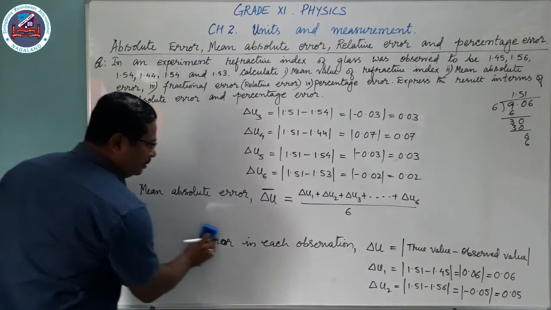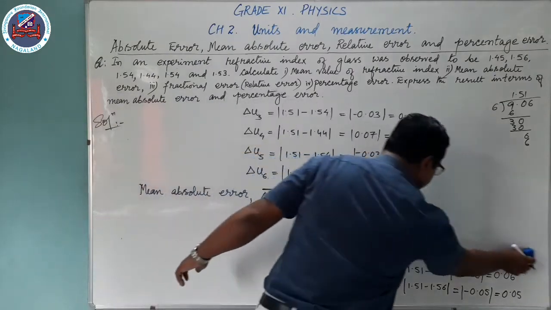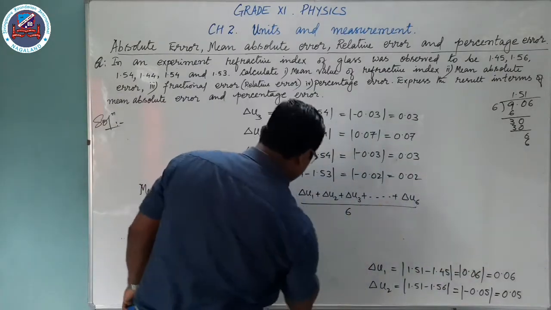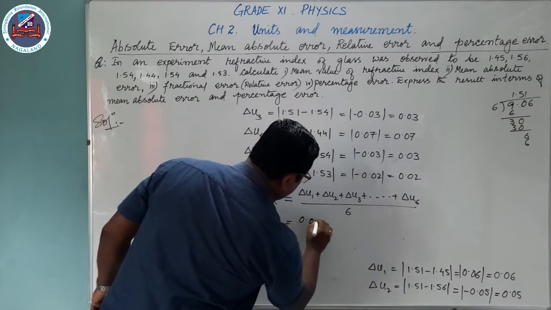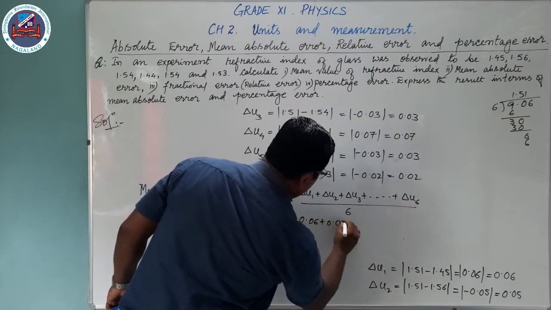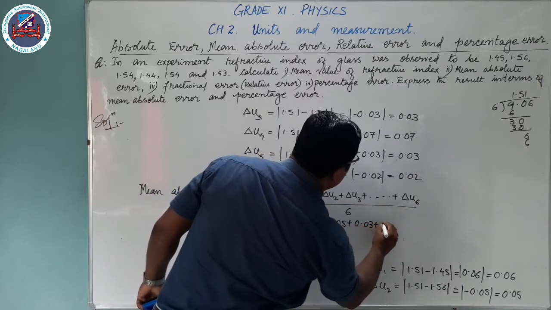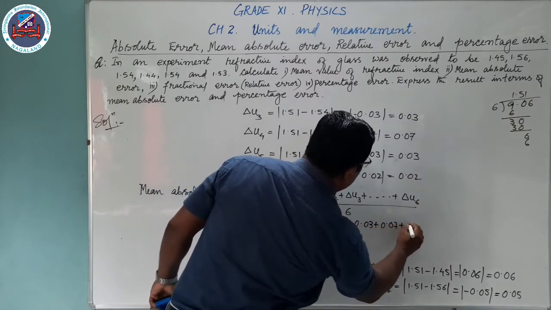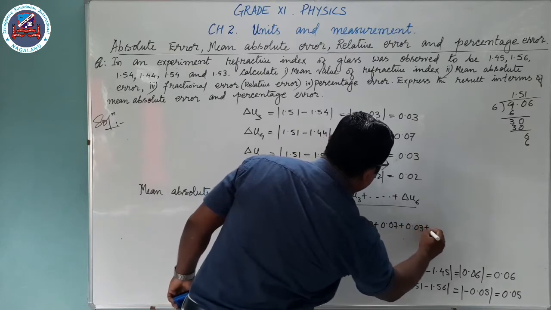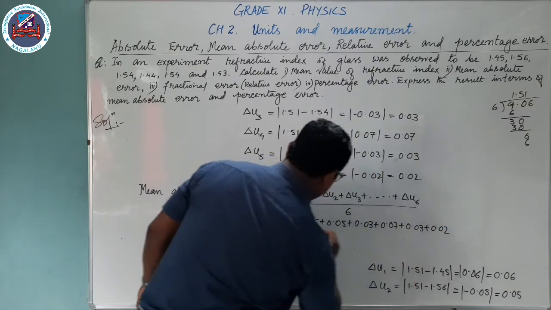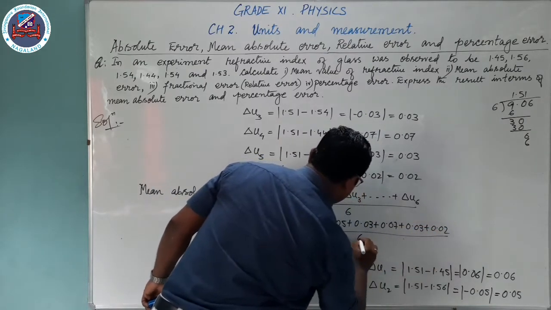Then we'll add up all the values that you found out: 0.06 plus 0.05 plus 0.03 plus 0.07 plus 0.03 plus 0.02, divided by 6.